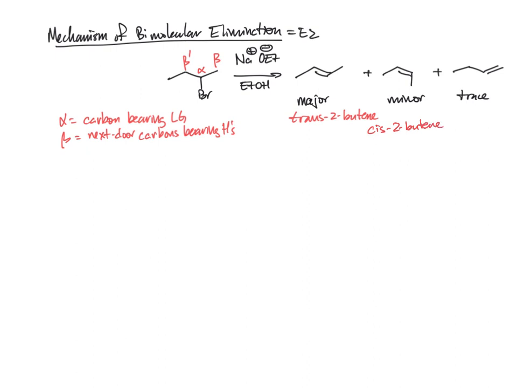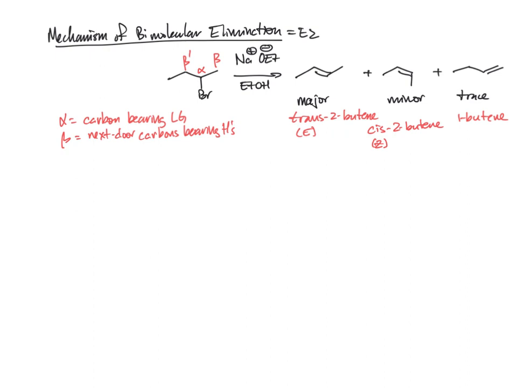And then finally the trace product is 1-butene. So there's some other terminology in the chat. Let me just show you what that is as well. So trans, cis: trans is E, cis is Z.